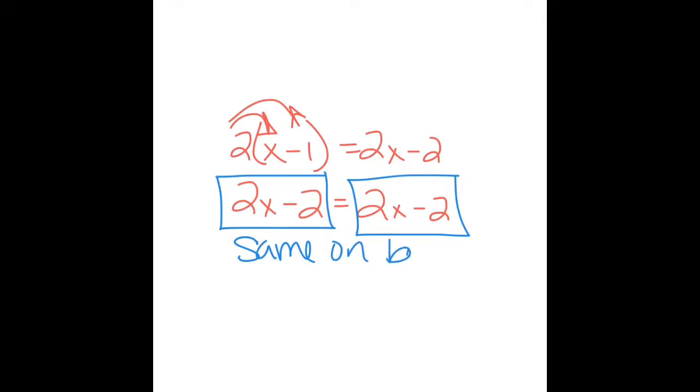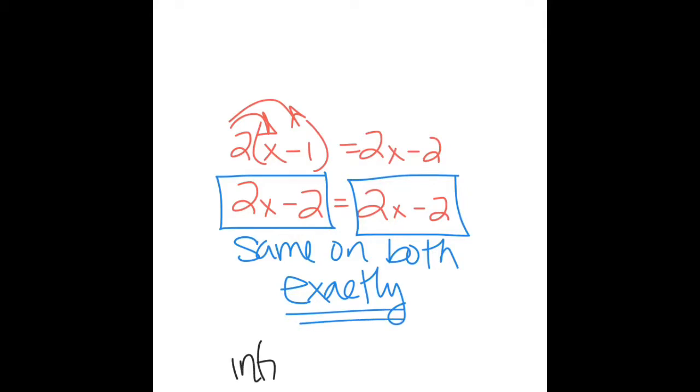Same on both sides. And I mean like exactly the same. That means that there are infinitely many solutions. Infinitely many. That means that any value of x would make this equation true.